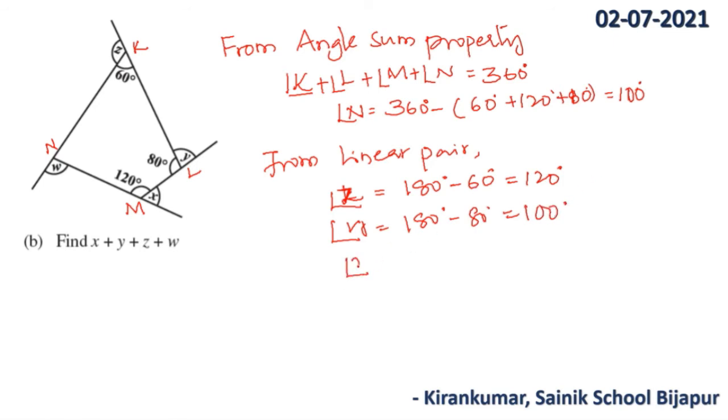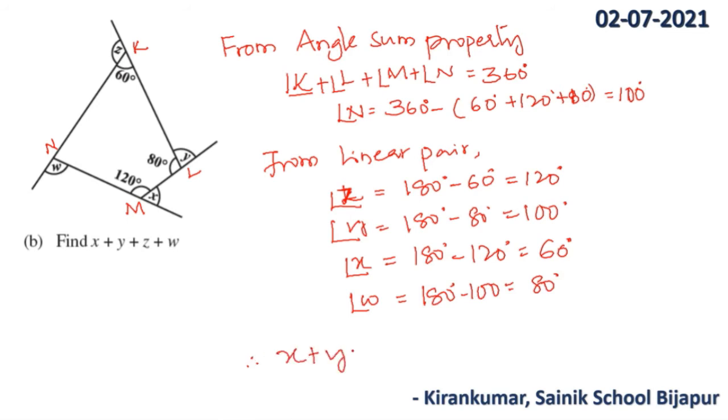Angle X will be 180 minus 120 degrees, which is 60 degrees. And angle W will be 180 degrees minus 100, which is 80 degrees. Therefore, X plus Y plus Z plus W will be 60 plus 100 plus 120 plus 80. Add them up. It is 360 degrees.